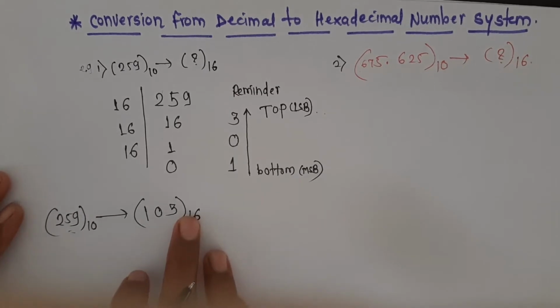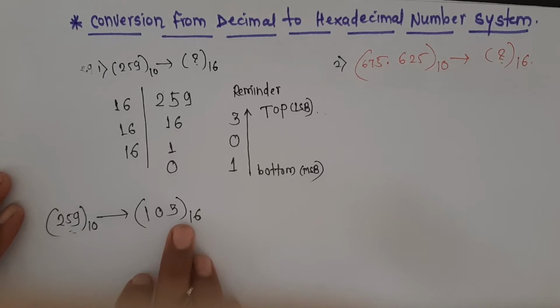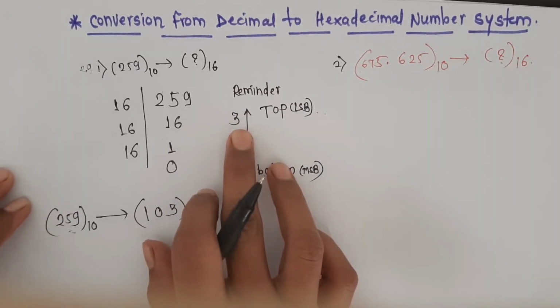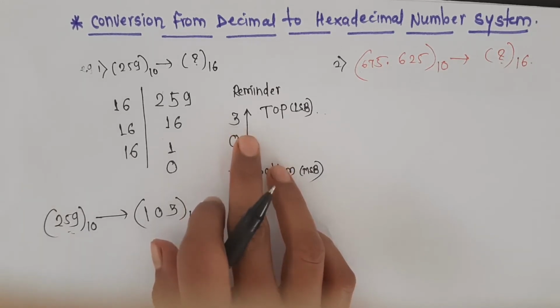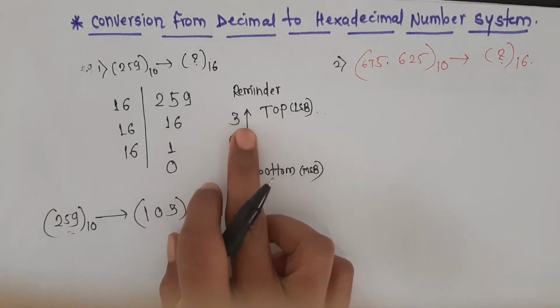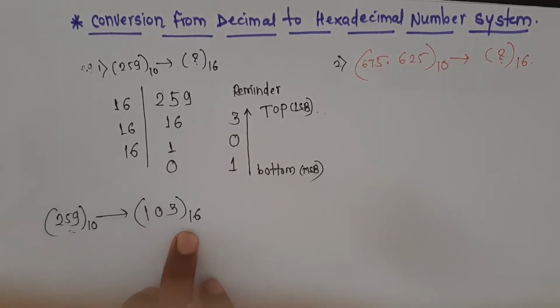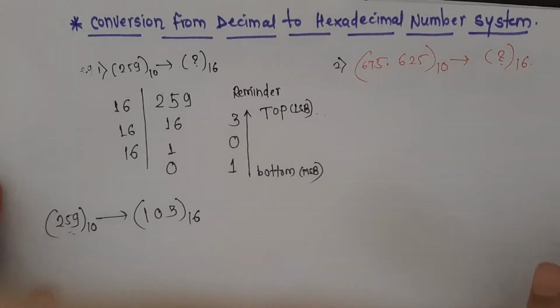We have seen the symbols of the hexadecimal number system go from 0 to 9 as they are, and if 10 is present, it will be marked as A. But here only numbers from 0 to 9 are present, so after conversion we get the value 103. Now let's see the next part.